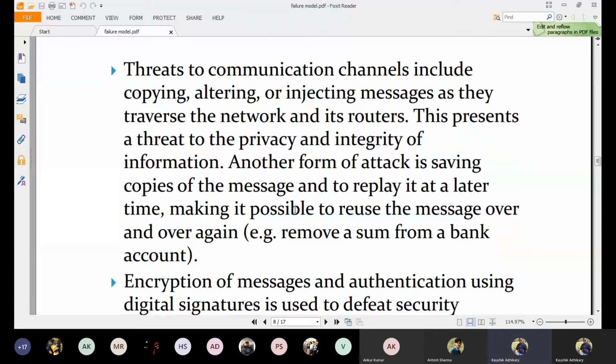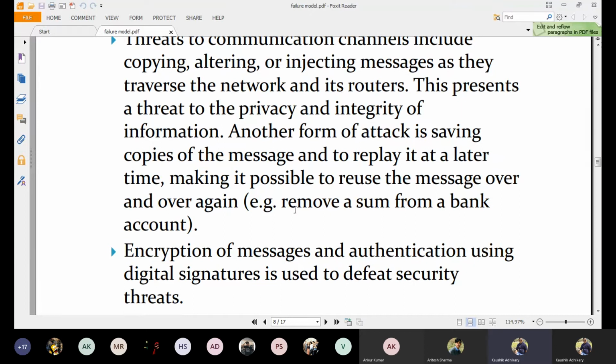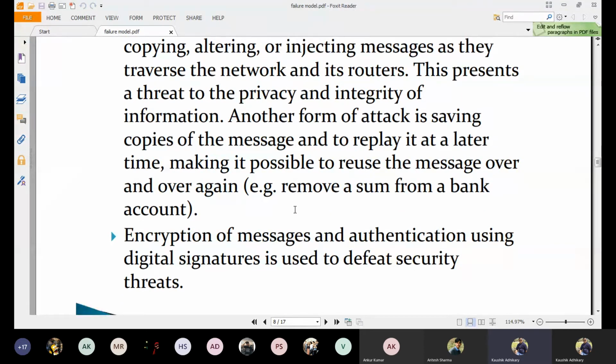Another form of attack is saving copies of the message and replaying it at a later time, making it possible to reuse the message over and over again, that is, to remove a sum from a bank account.